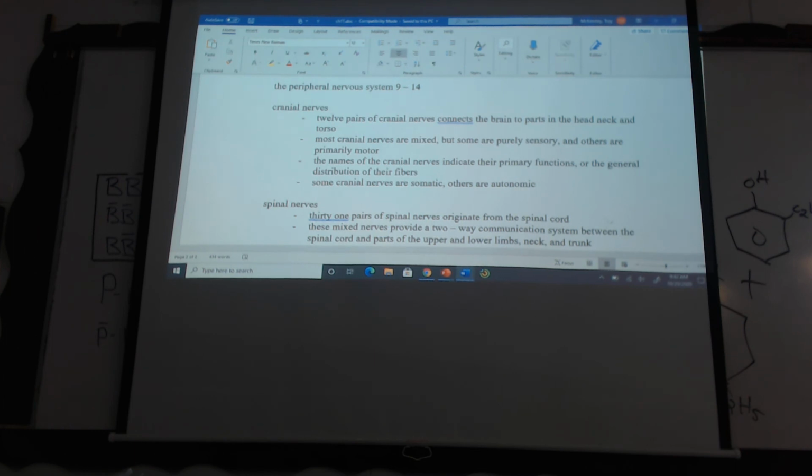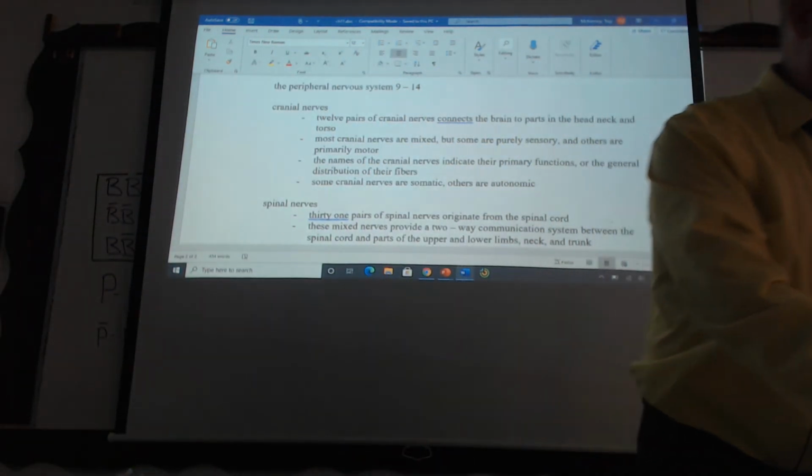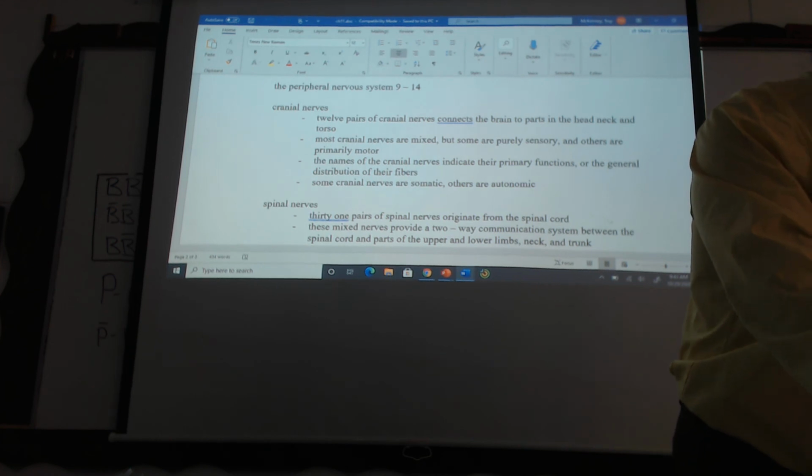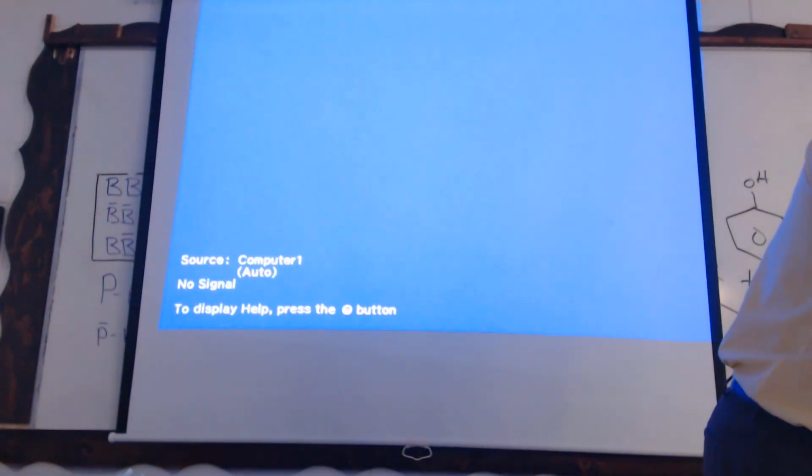Okay, a PNS and an SNS, and that's not somatic either. So in a stressful situation, the sympathetic nervous system, don't get that confused with somatic, and then what is the PNS besides the peripheral nervous system? Correct.